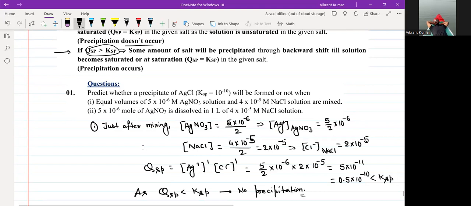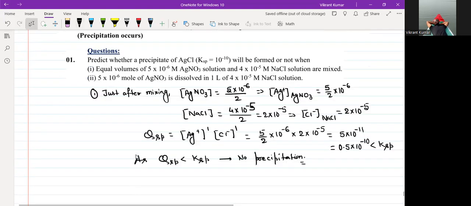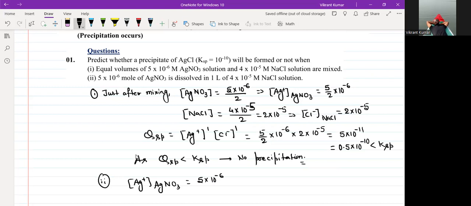Okay. But if you go to the second case, it is straightforward. We have got Ag plus from AgNO3 is 5 into 10 raised to minus 6 and Cl minus from NaCl, because the volume is not changing, will be 4 into 10 raised to minus 5.